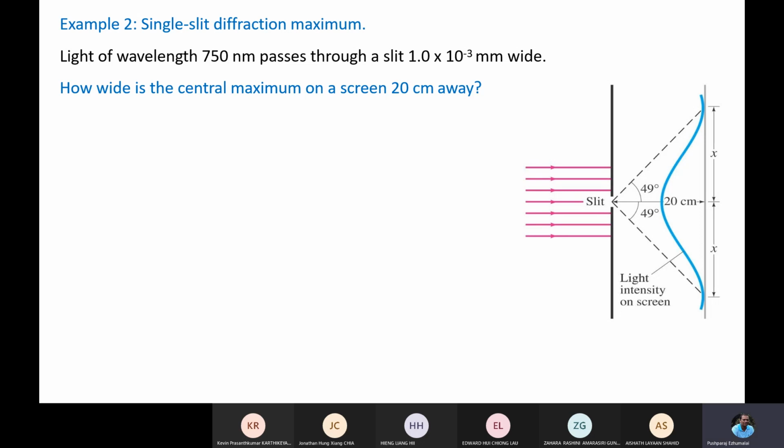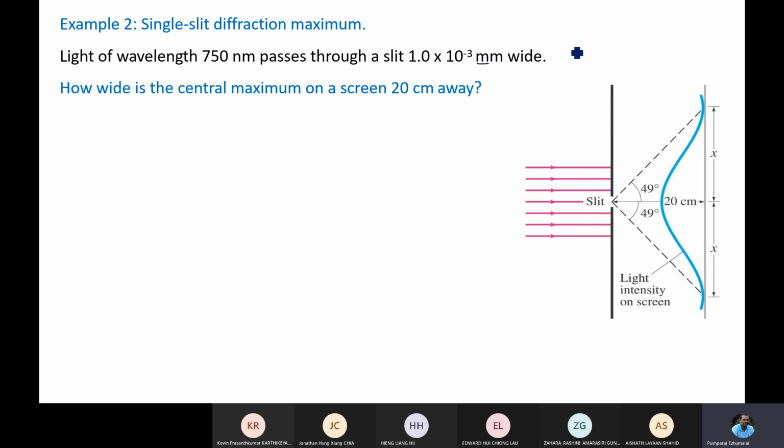The problem says that light of wavelength 750 nanometer passes through a slit of 1 into 10 power minus 3 millimeter.